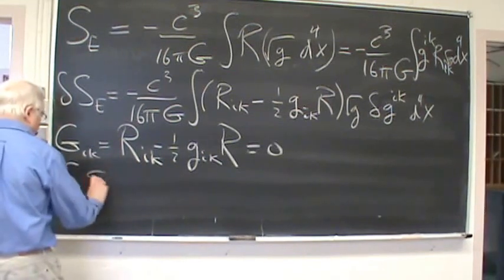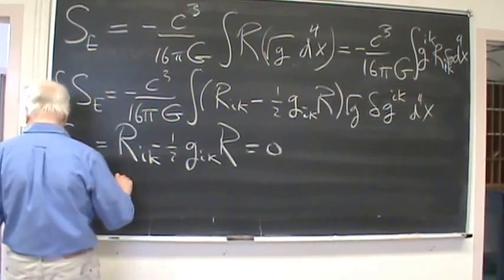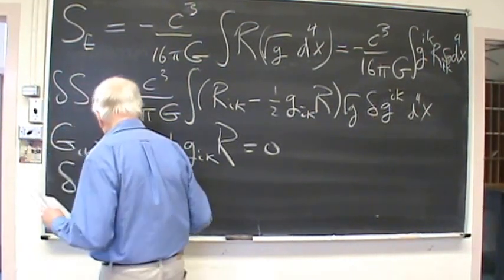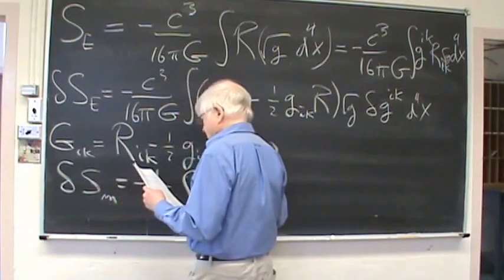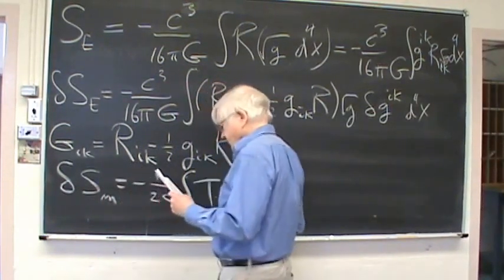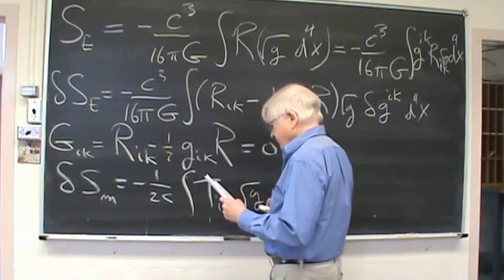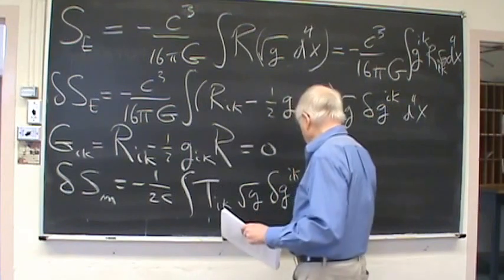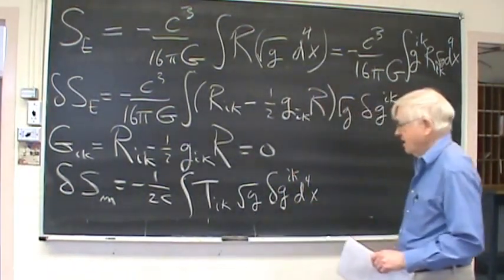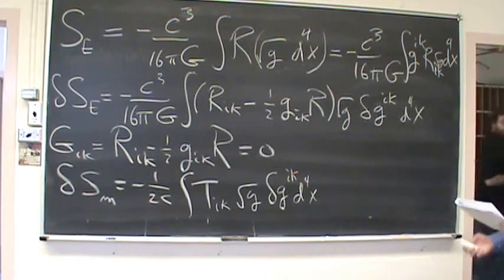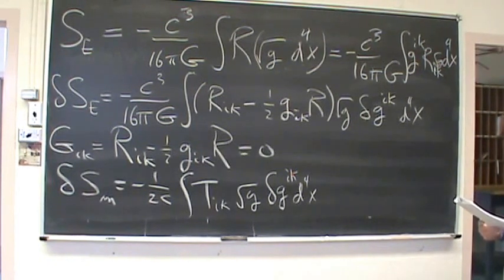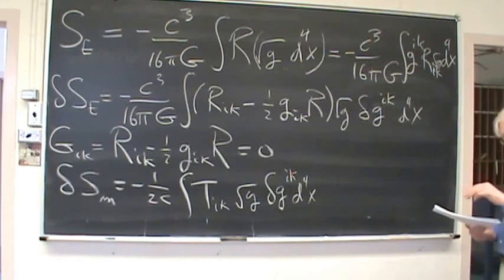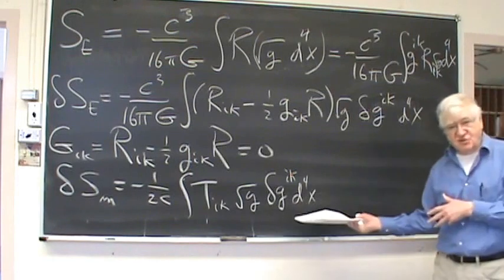The variation of the matter action is equal to minus 1 over 2c, the stress energy tensor, square root of g, the variation of Gik d fourth x. So in other words, you define the stress energy tensor this way. This is the conventional way of defining it.